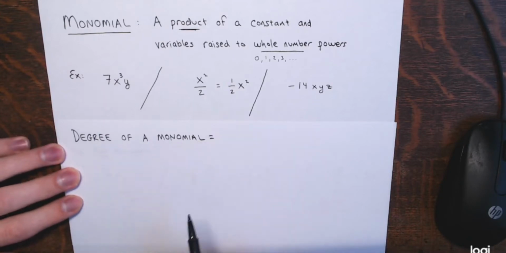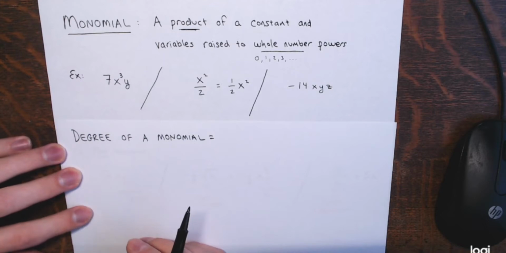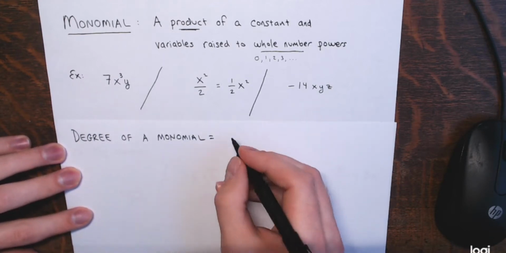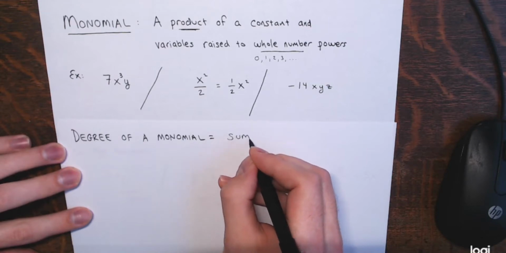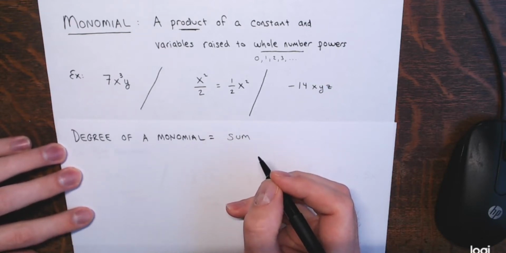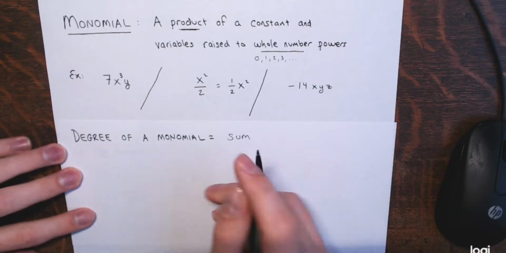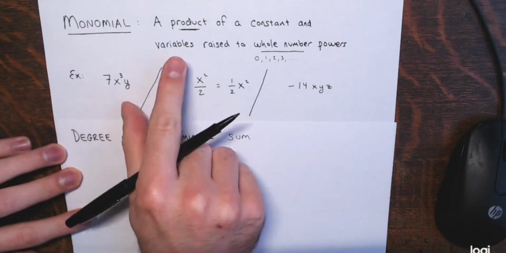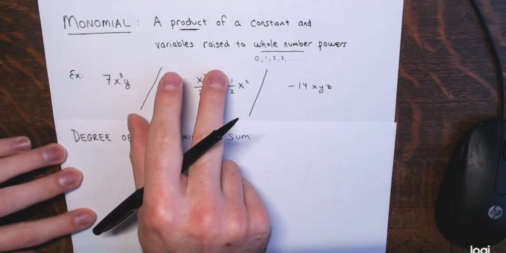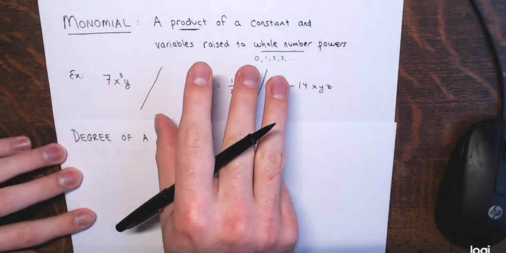The degree of a monomial is just the sum of the exponents on the variables. It's that quick. Basically the number of variables that are in the product. Because remember, x cubed is x times x times x. That's 3 x's and then a y to the first. So this would be a degree 4.